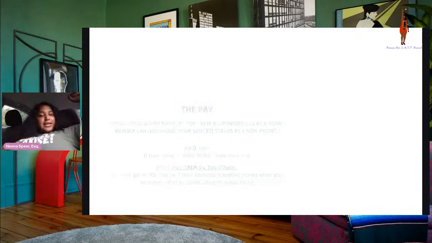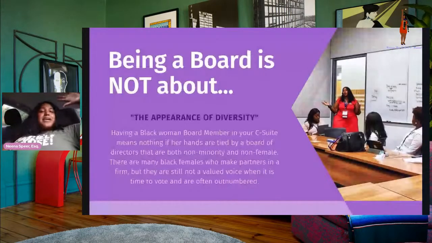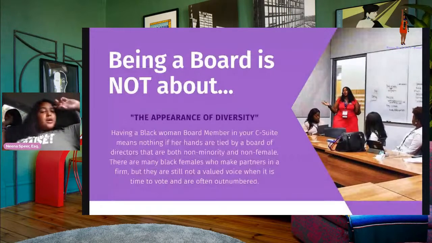The next thing, being a board is not about the appearance of diversity. Oh, they look so diverse, this is beautiful. But appearance of diversity and having someone that feels supported in your C-suite is important and different. I have been on staffs and leadership teams where when I vocalized my opinion or I stated that I disagreed with something as a Black woman, my voice was not valued.